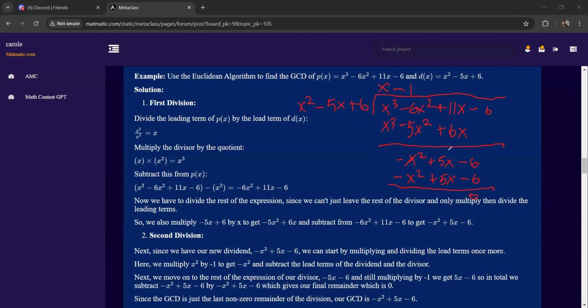And then we subtract, and then we have 0. So as you can see, now that our remainder is 0, you guys remember that the GCD is just the last non-zero remainder of the division, which is this right here. So this is our GCD, which is -x squared plus 5x minus 6.